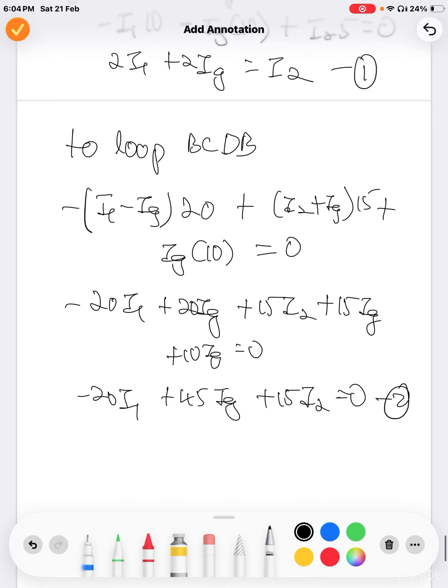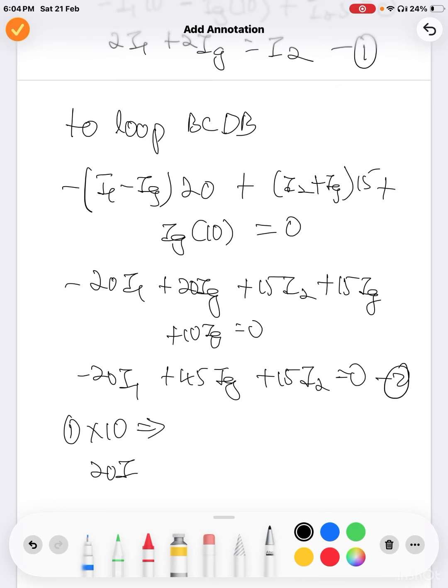Now from equations 1 and 2 we can do one thing. I need to find Ig anyhow. So if I want to find Ig, I'm going to cancel I1. To cancel I1, equation 1 is multiplied by 10. Then equation 1 becomes 20 into I1 plus 20 into Ig minus 10 into I2 equal to 0.